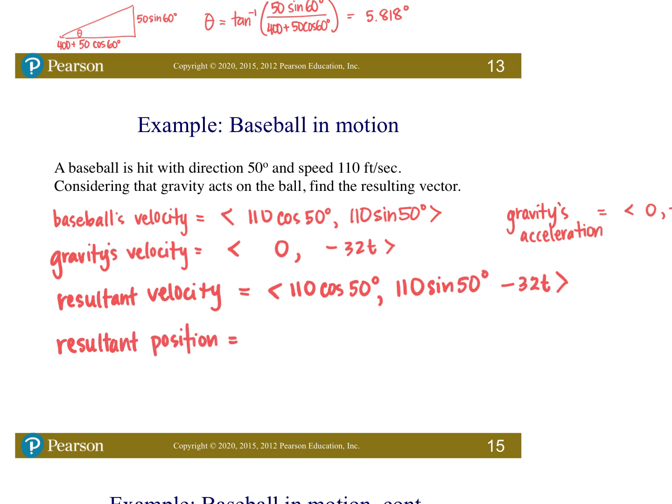Of the ball. And so we can use antiderivatives again. 110 cos 50 is a constant, so the antiderivative of that would be 110 cos 50 degrees t. And then the position vector 110 sine 50 degrees, that's a constant, t.